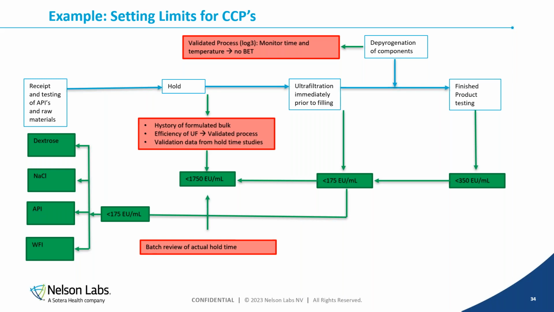Of course, not the 1,750 EU per milliliter, because these endotoxins might originate not because of the endotoxins that are present in the beginning of the hold time, but simply by growing of bacteria during the holding of our product. So we use for the APIs 175 EU per milliliter for the total formulation. And we are now going to distribute this throughout the different raw materials.